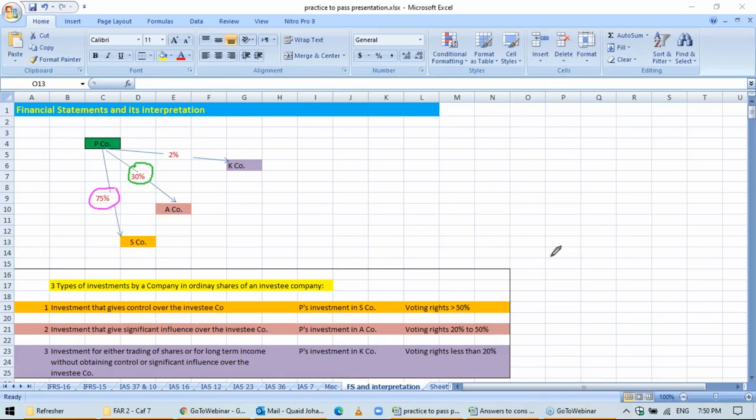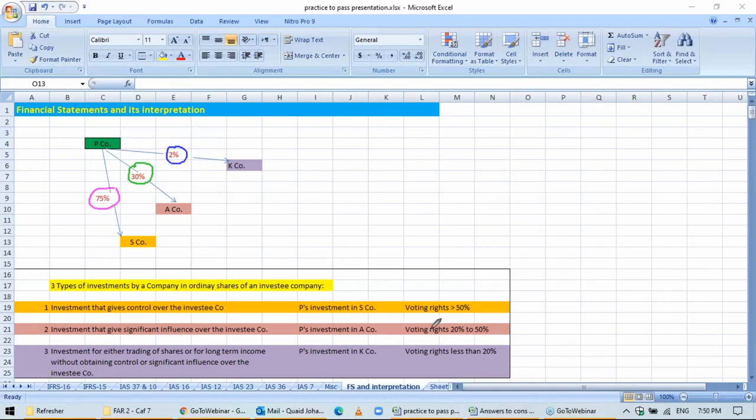And in case of 2% holding, in K company, P company will not be able to appoint any directors. It's a very little holding. So this will be accounted for in accordance with IFRS 9, if you remember. Financial asset at fair value through profit or loss, or financial asset at fair value through OCI, if they make an irrevocable election.